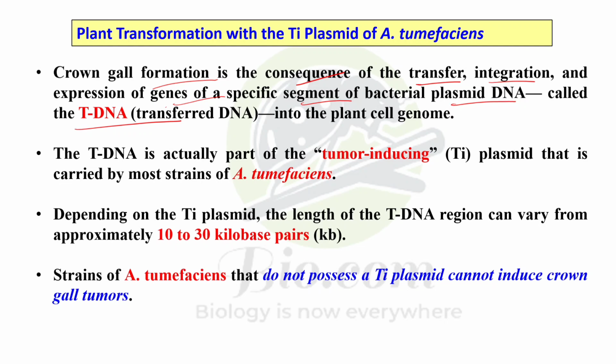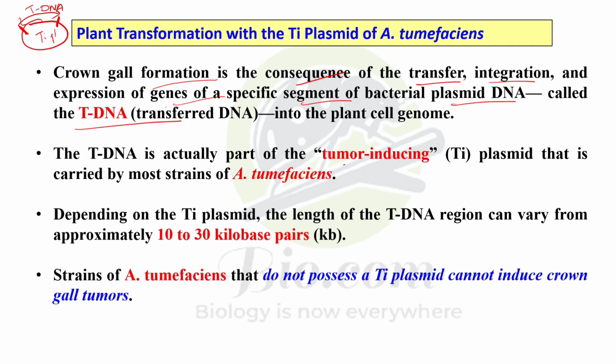It introduces a part of its plasmid. I will show you the plasmid also. TI plasmid का tDNA ये पूरा ट्रांसफर कर देता है, and tDNA has many segments which we will see, and it causes the tumor in the plant.